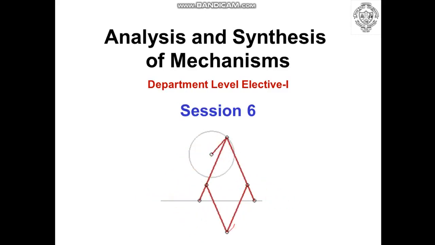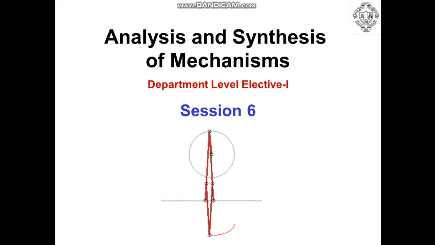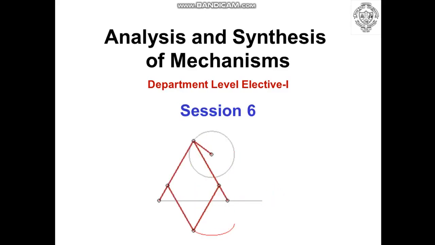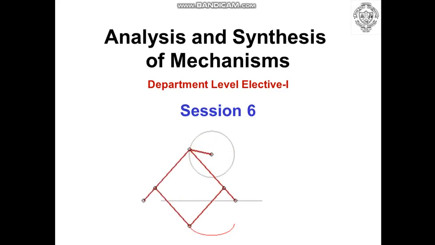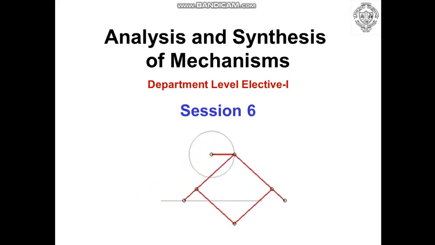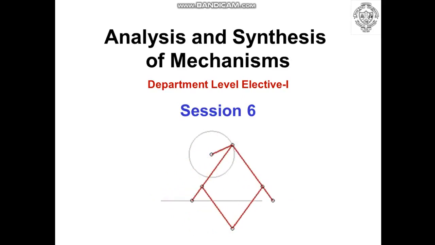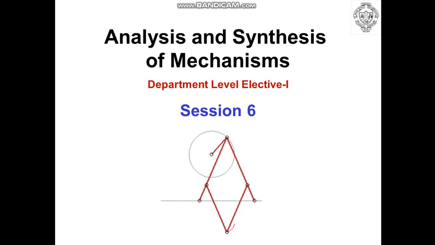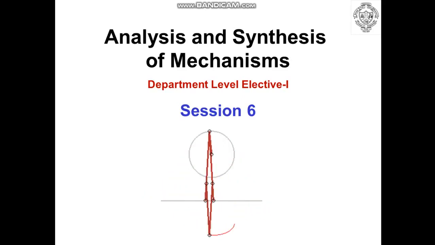So the motion of input and output link must be correlated to form the generation of function. For example, if we take a 4-bar mechanism to generate the function y is equal to f of x, where x indicates the motion of the input link, the mechanism is to be designed such that the motion of the output link would be function y, which can be considered as approximately.